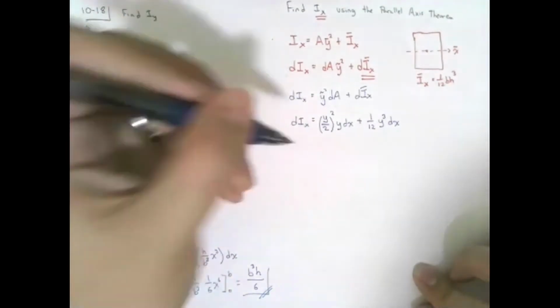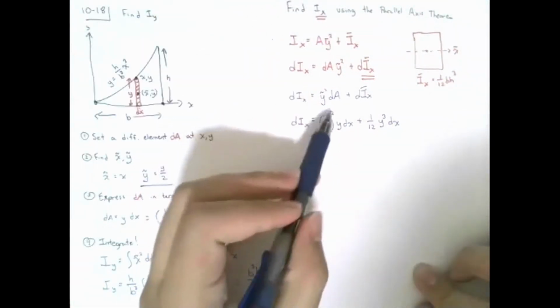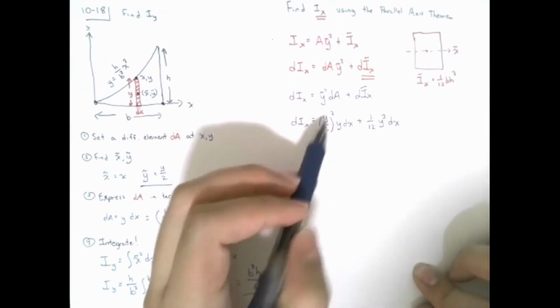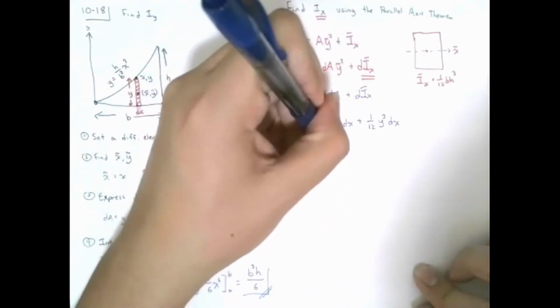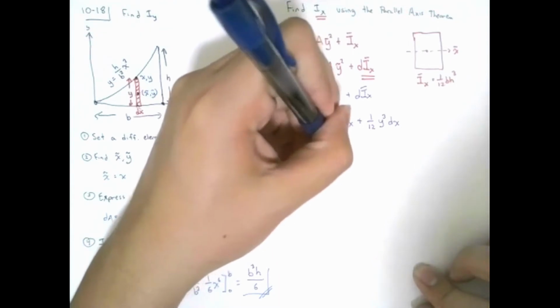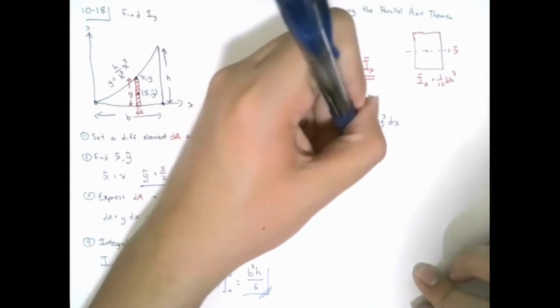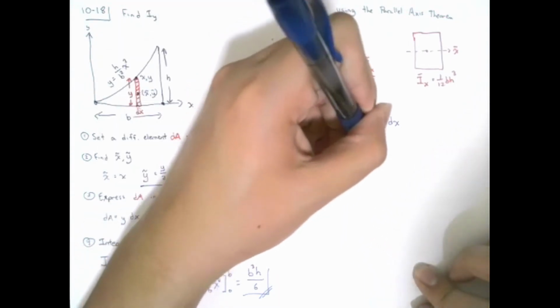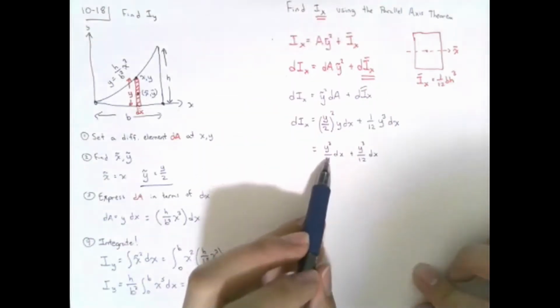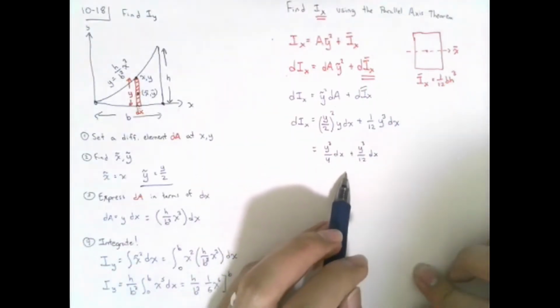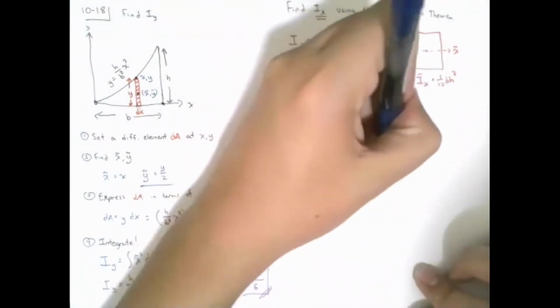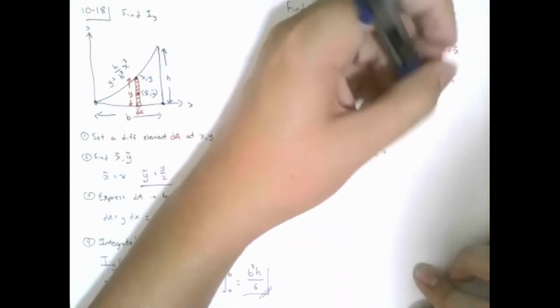If we further solve this problem, we get that y squared times y is y cubed, and 2 squared is 4. So this will be y cubed divided by 4 dx plus y cubed divided by 12 dx. And you know that 1/4 plus 1/12 will give us 1/3.